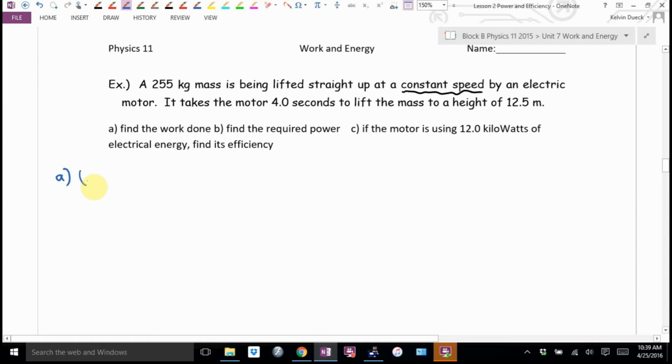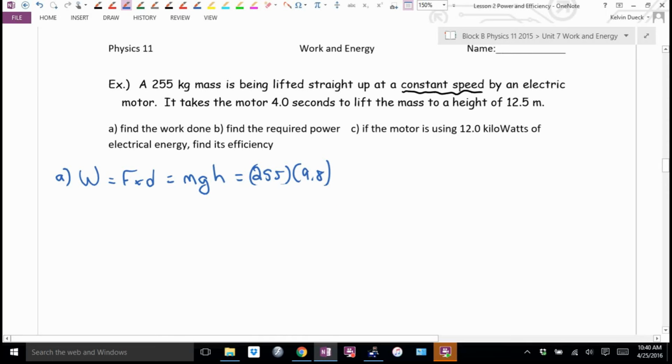Well, work is force times distance. Are we lifting? You know what? That's going to be then the force, mg, gravity, times h. What's the mass, Boyana? Good. g, 9.8. Why not negative?